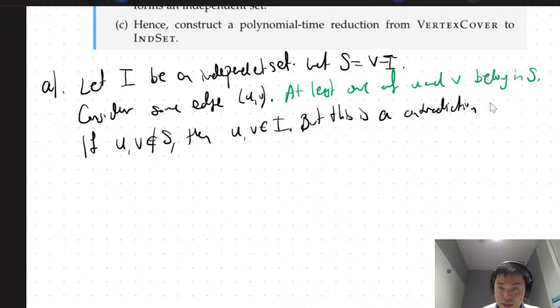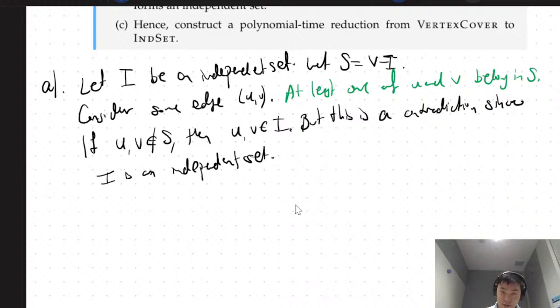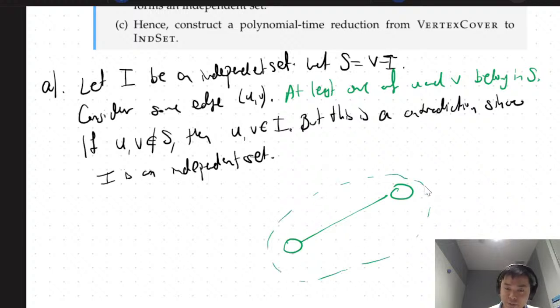Contradiction, since I is an independent set, because U and V share an edge by our assumption. So if U and V don't belong in my vertex cover, so if there's an edge that isn't covered, then the two endpoints of my edge... If I look at a picture, suppose I have a graph and I consider just an arbitrary edge.